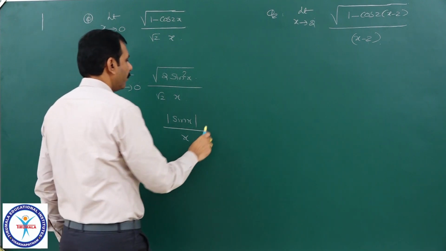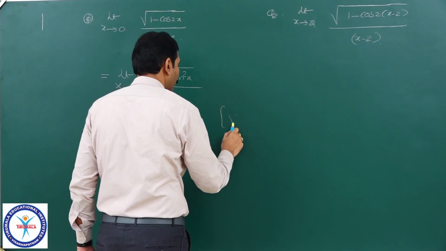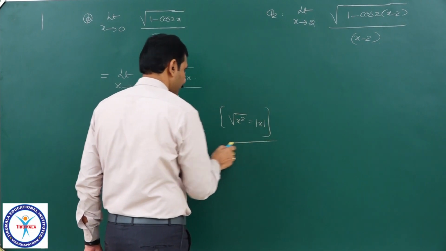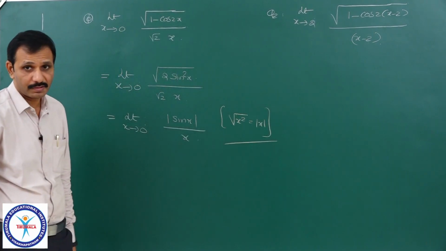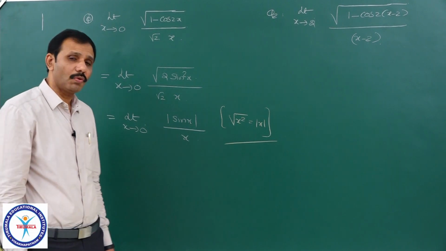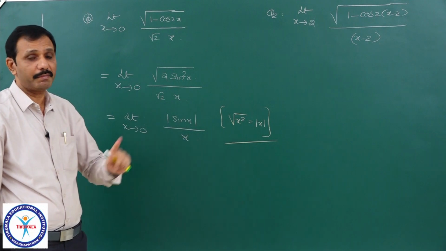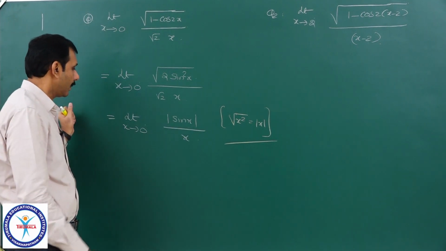One must be very careful that you must write root of x square equal to mod x. It is not x. You can write x only when you know that it is always positive, otherwise it will be mod x.